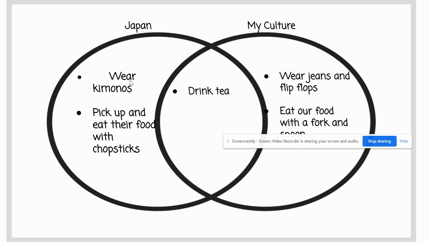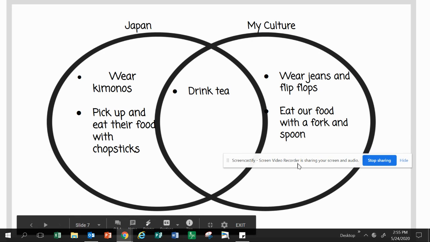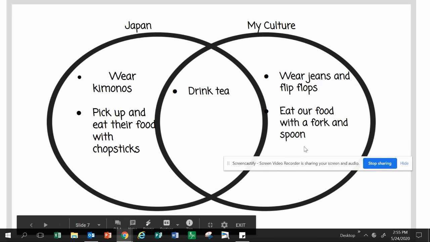So in Japan, they wear kimonos, and I wear jeans and flip-flops. Another thing that is different is they pick up and eat their food with chopsticks, where I eat my food with a fork and a spoon.